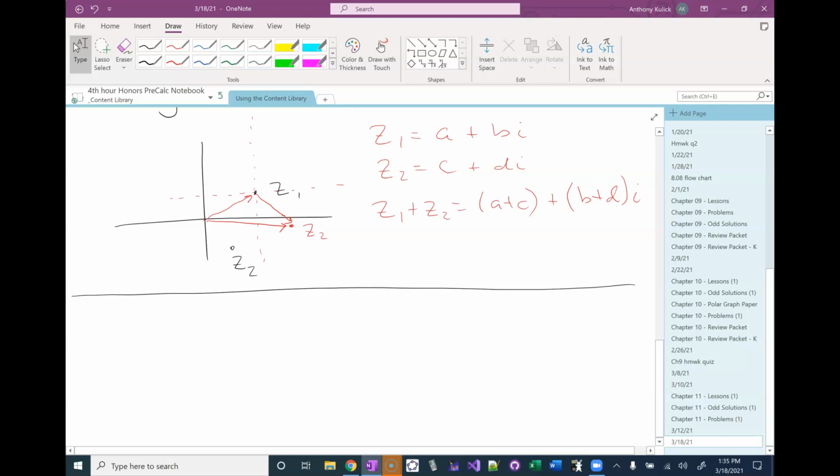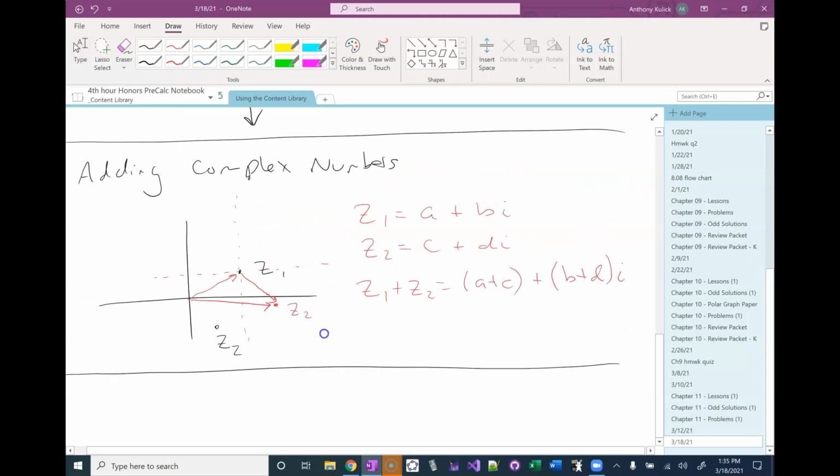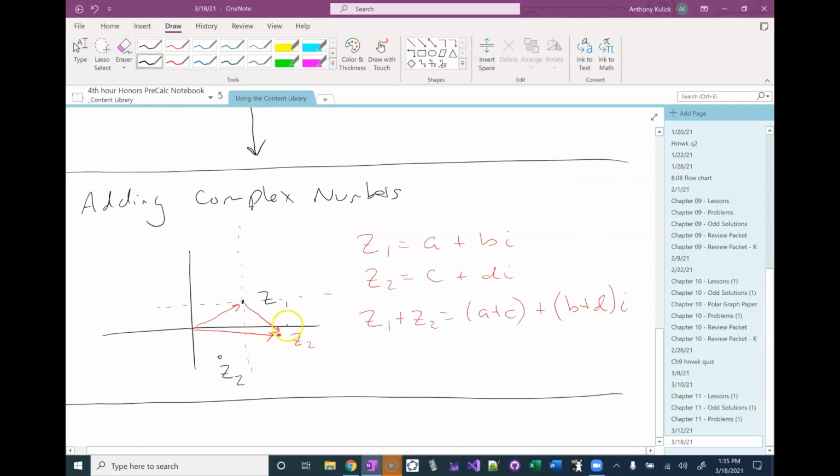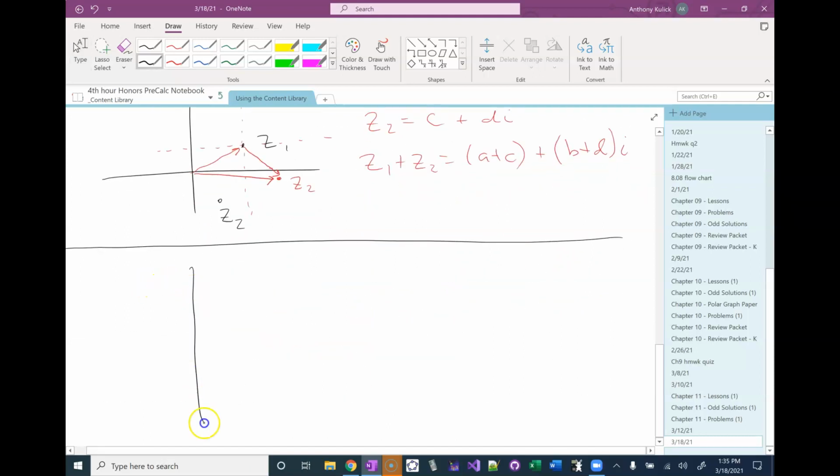If we talk about absolute value for complex numbers, we're talking about the distance of that number to the origin of the complex plane. So if I have some complex number z here, this distance is like the absolute value of z.